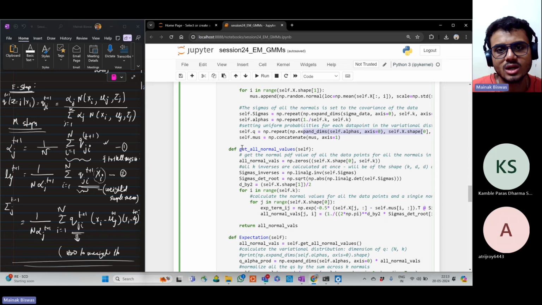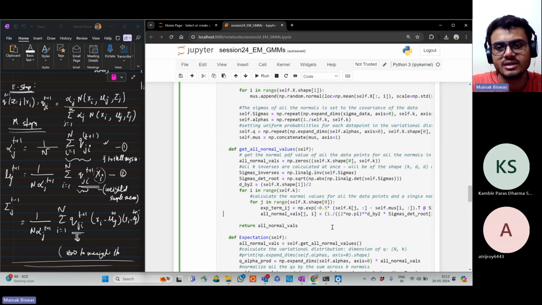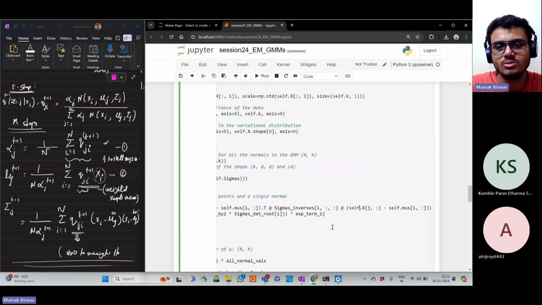Then this is what calculates the normal value. For each data point, this is the coefficient 1 over 2 pi to the power d by 2, sigma to the power half, and e to the power of x minus mu.